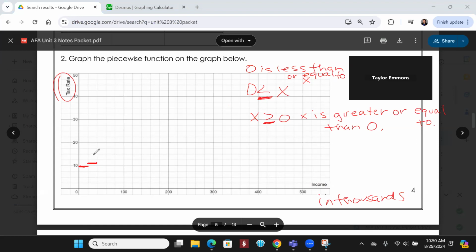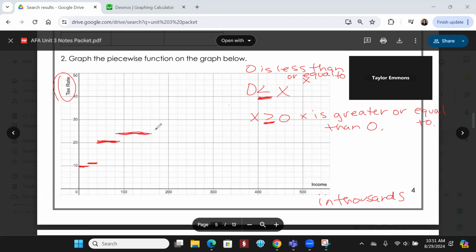Okay. And the next one, we're at 22%, and we're from 41 to 89. Then the next one, 89 to 170. Ooh, can't draw a straight line. Okay.